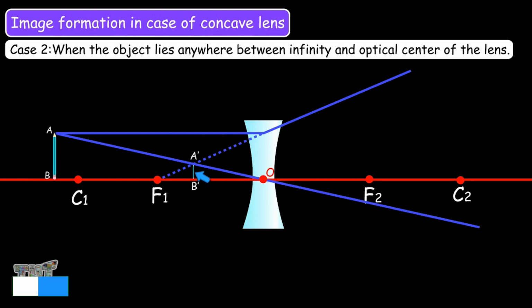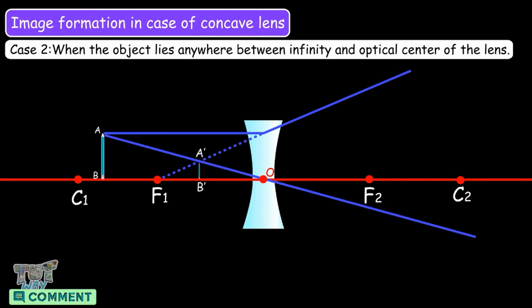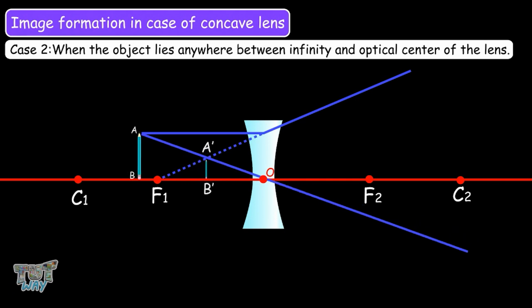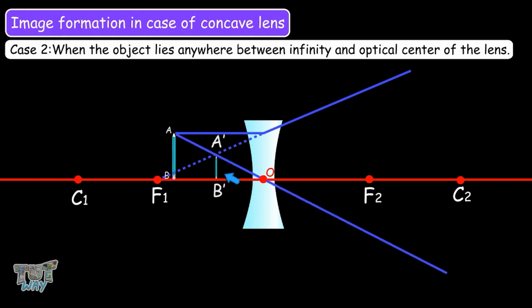And a slightly bigger image will be formed. Now bring the object closer to the lens. And once again, a slightly bigger image is formed. Bring the object closer again, and the image is even bigger. Now, bring the object even closer, and the image is even bigger.